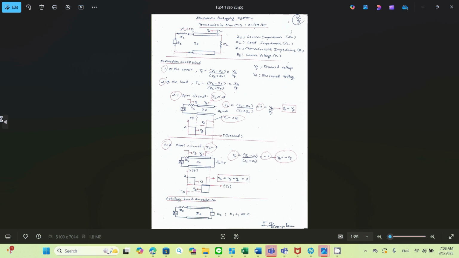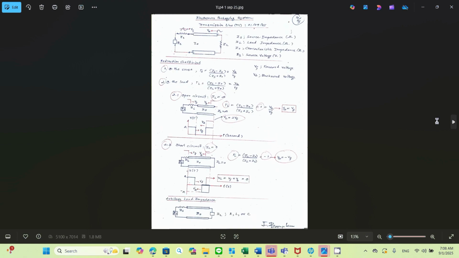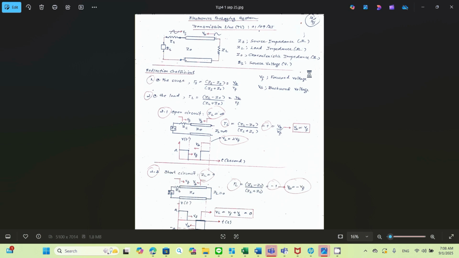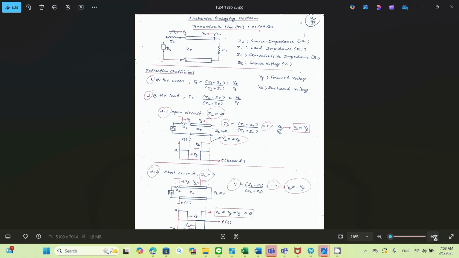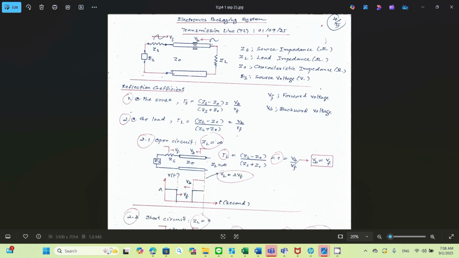Now let's move to the transmission line, and you have studied that before, at least in electromagnetic fields and waves. Let's summarize what's going on with the transmission line.